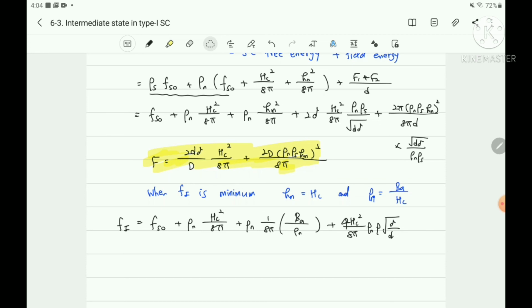Okay, we can summarize like this. Anyway, here it is: Fs0 plus rho n Hc square over 8 pi, plus 8 pi rho n Ba square, plus 4 over 8 pi rho n rho s.